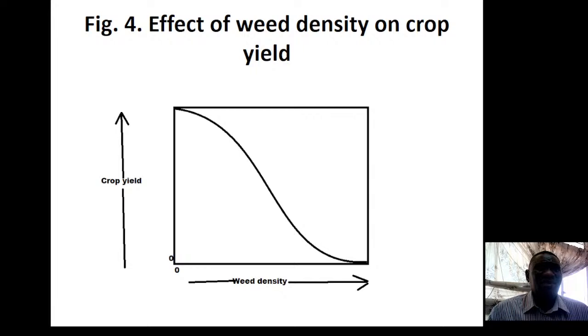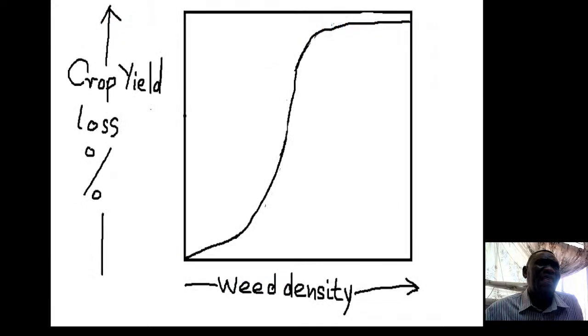So this is the relationship of weed density and crop yield, the sigmoid curve for Zimdahl. Again, crop yield loss from the Zimdahl approach. There's a delay at the beginning, but crop yield loss will shoot up.